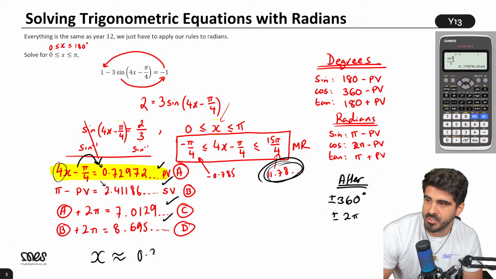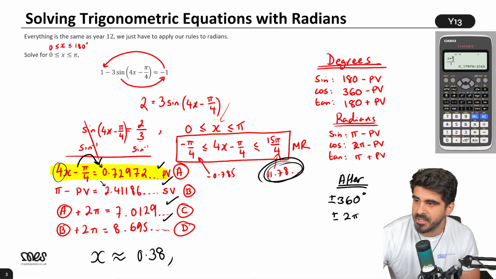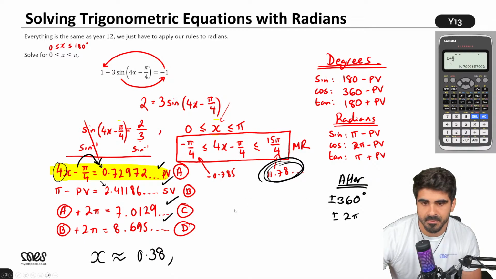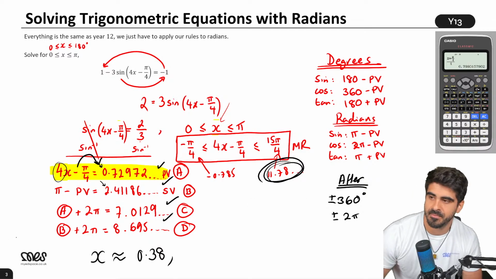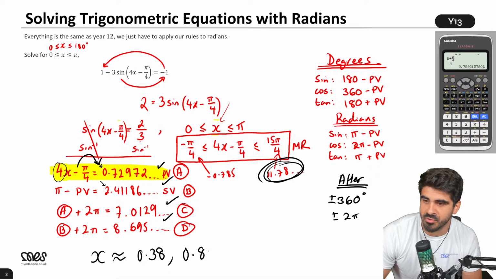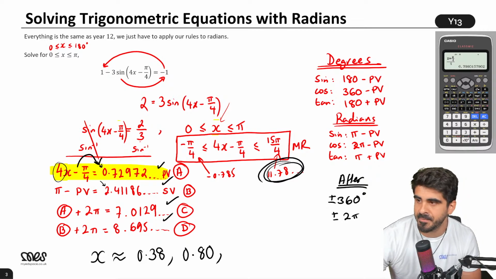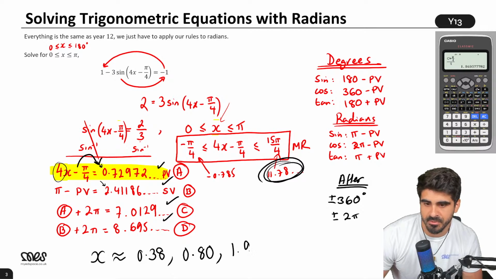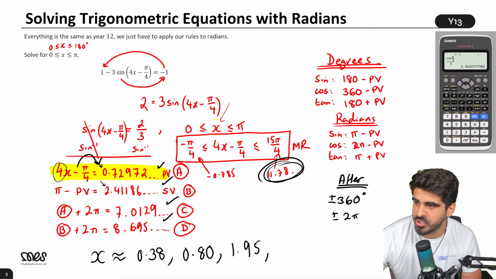So you have 0.38. Then you change A to B. Boom. There you go, 0.80. Way quicker than you guys writing down loads of numbers. Then C: 1.95. Guys, everything I'm showing you is how a professional does these questions.